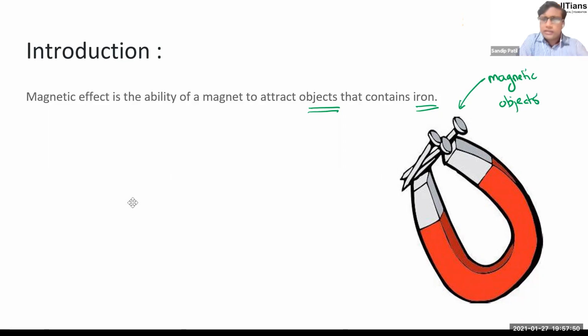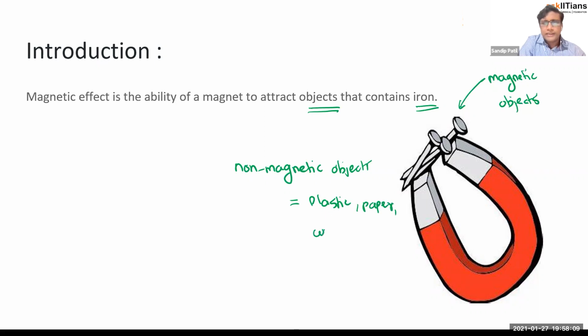Can you tell me an example of non-magnetic objects which a magnet could not attract? Can I say it is plastic? Yes, a magnet could not attract plastic. What about paper, wood, right? All these are materials which a magnet cannot attract. Let's call them non-magnetic materials, right?